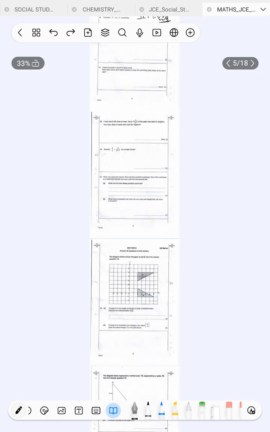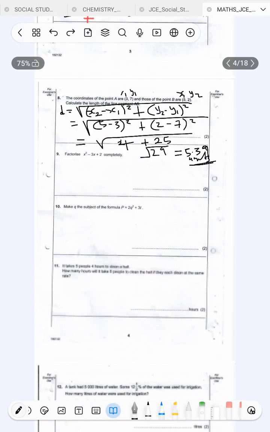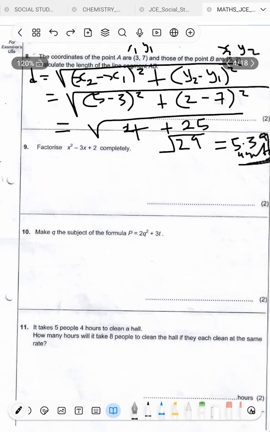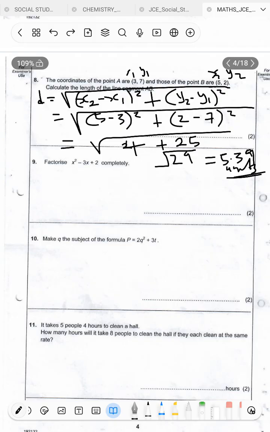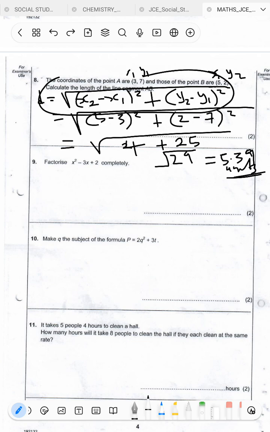I don't think we have space for that. I'll just try to find somewhere where we can work this out. The way you're supposed to think about this is to apply your Pythagorean theorem, to see how you arrive at this very long formula here.